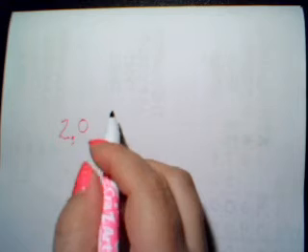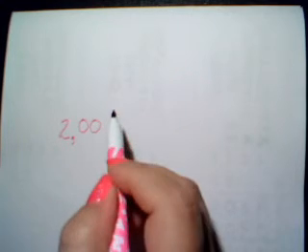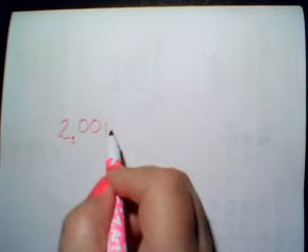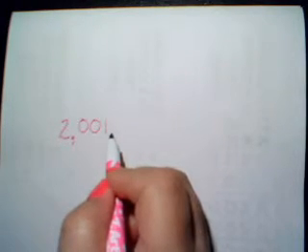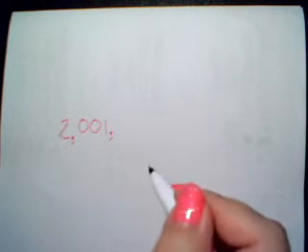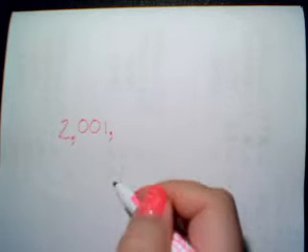No. Do we have anything in the 10 millions? No. Do we have anything in the millions? Why, yes, we have one, because I said 2 billion, 1 million, right? Okay, so now the next area we're working on is our 100,000s.